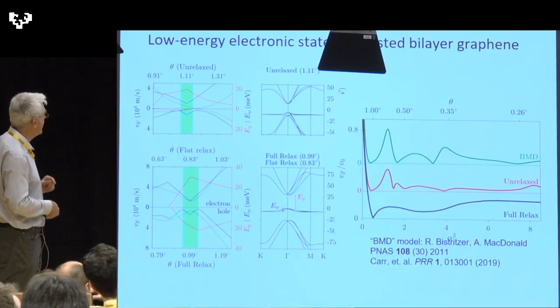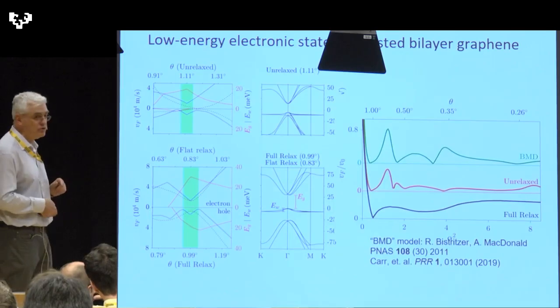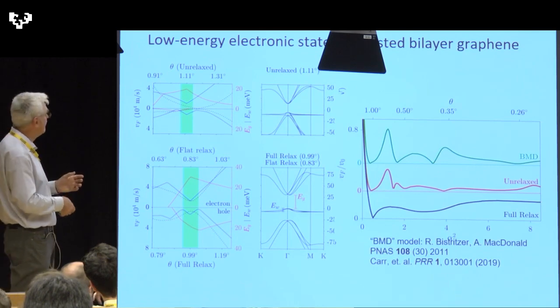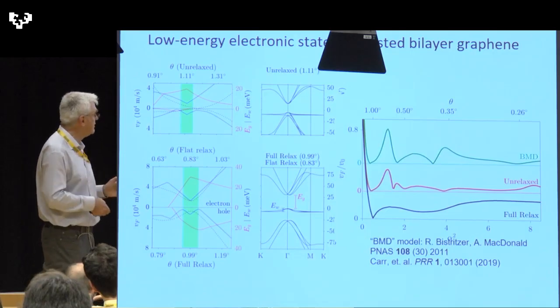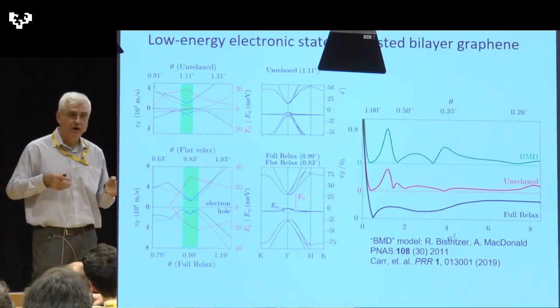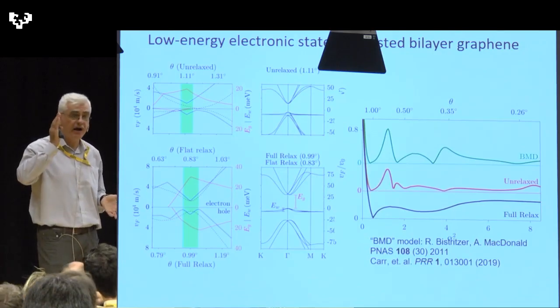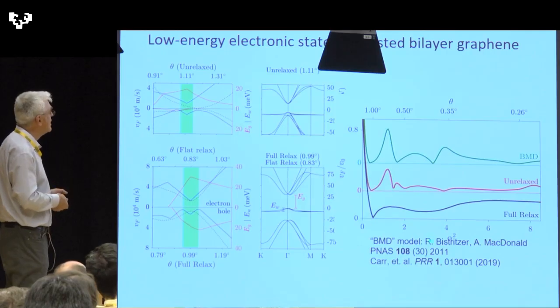And the dashed black line here is the Fermi velocity, which should go to 0 at the magic angle. And indeed, all these features conspire to give optimal behavior at a small range of values near the magic angle, and if that were not true, I claim that it would be impossible to observe anything if you required truly a very special value. But it is a range of values.